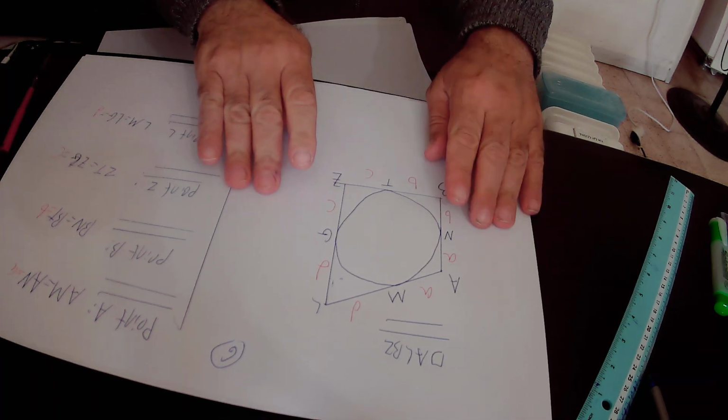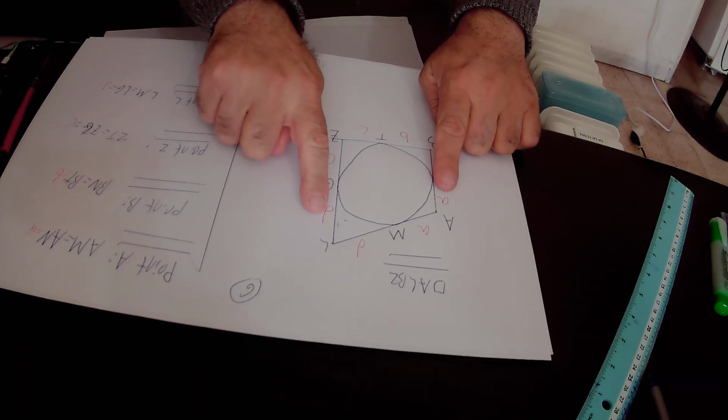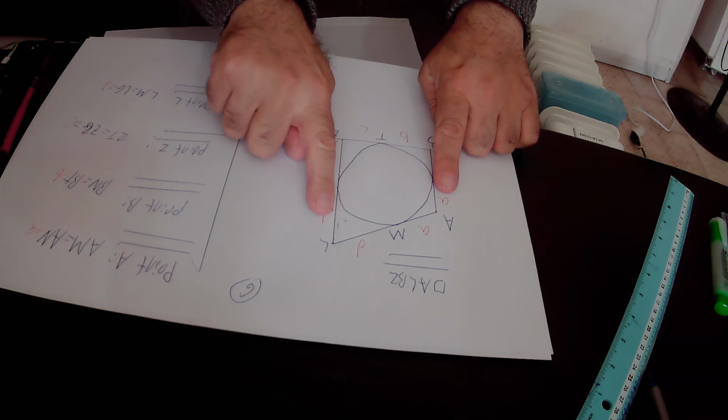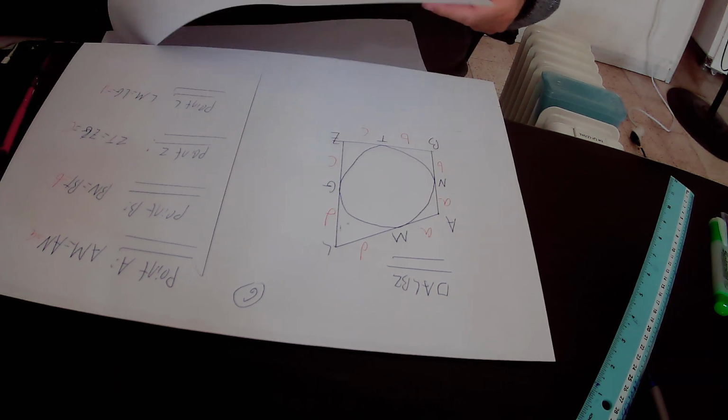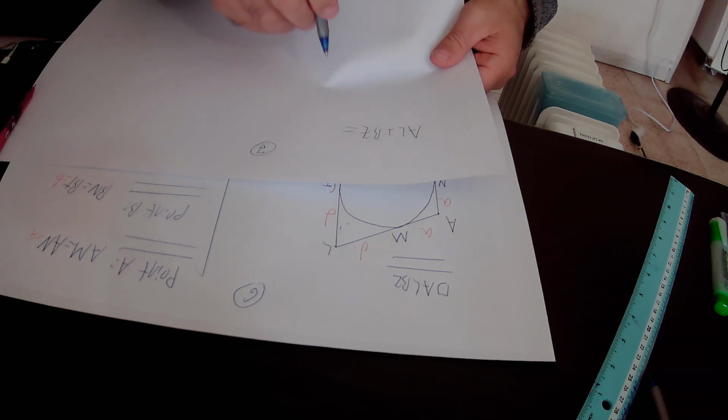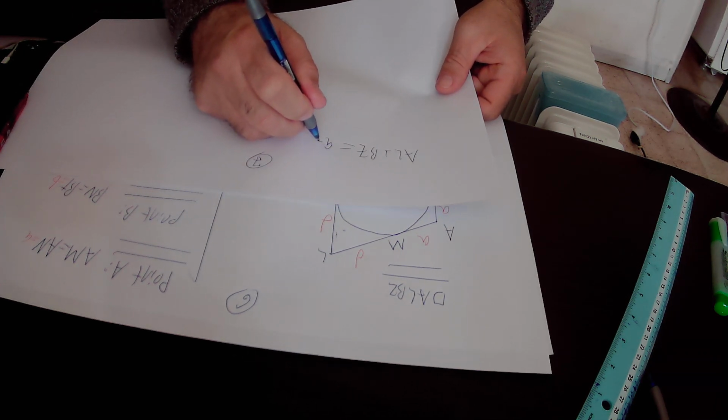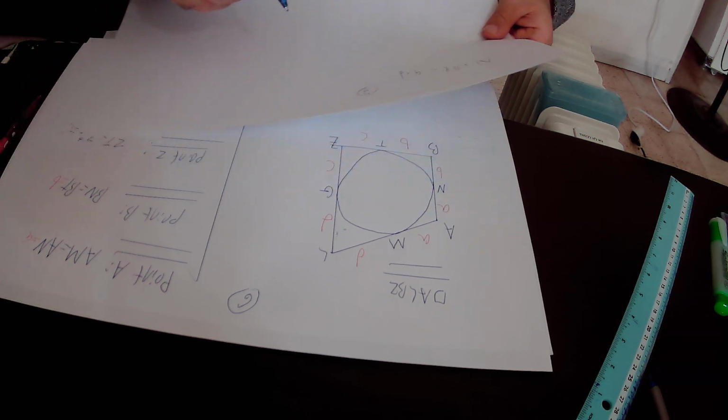It's very easy to see from the drawing that the length of AL is A plus D. So we substitute AL by A plus D, plus BZ.